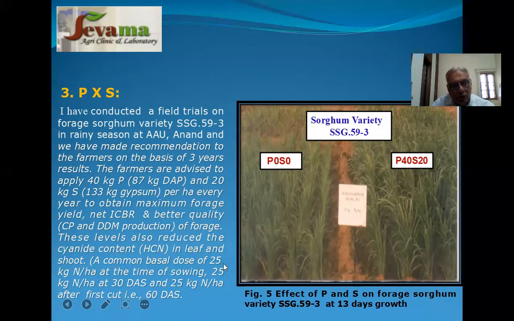A common basal dose of 25 kg nitrogen at the time of sowing, 25 kg nitrogen per hectare at 30 days after sowing, and 25 kg nitrogen per hectare after first cut, that is 60 days after sowing. That experiment was conducted for 3 years and we made the recommendation. And for that, we got the Hariom Ashram award also.